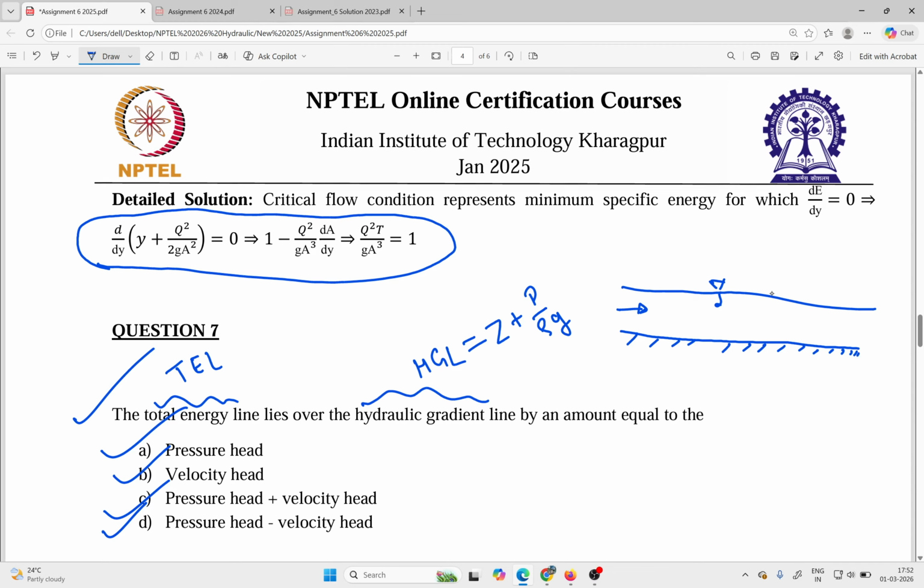Now HGL and TEL, what are they? HGL is a combination of the datum, and from the datum whatever pressure energy you have, that line will show you the HGL, hydraulic gradient line. Let us assume this is showing your pressure energy. So this is HGL.